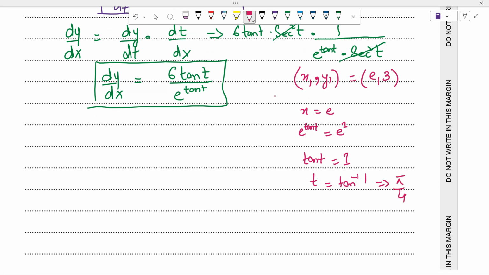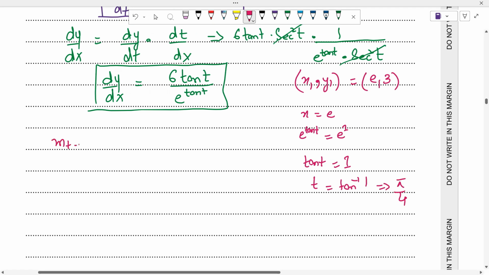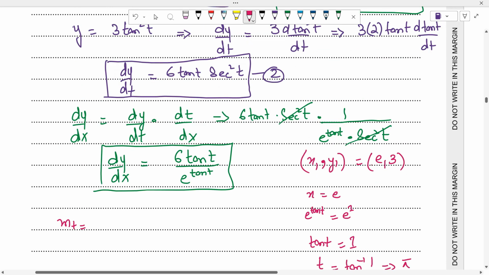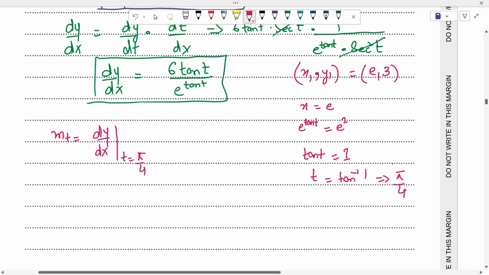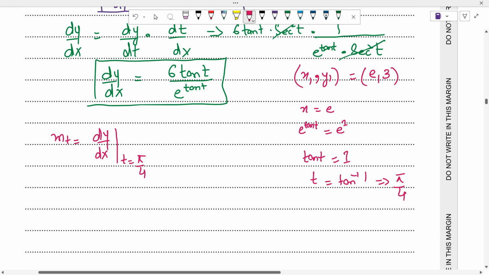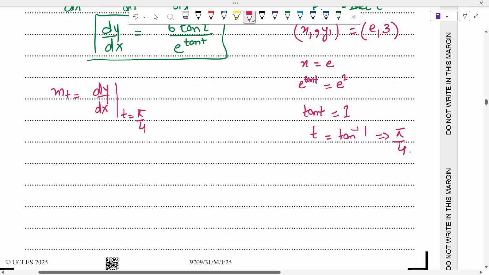So the slope of the tangent at the point (e, 3) is the derivative of y with respect to x at t equals pi by 4, because the corresponding point for x equals e is t equals pi by 4.